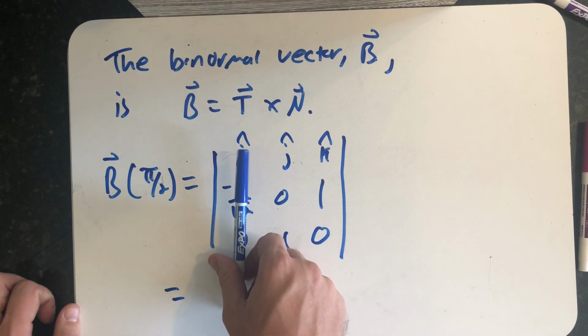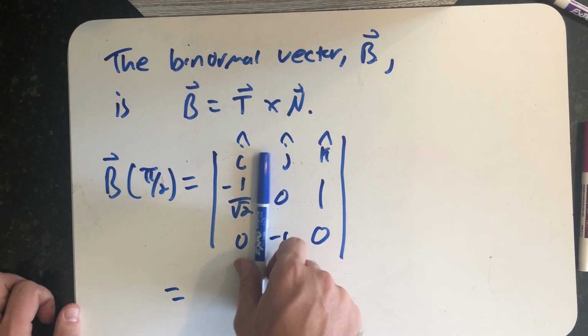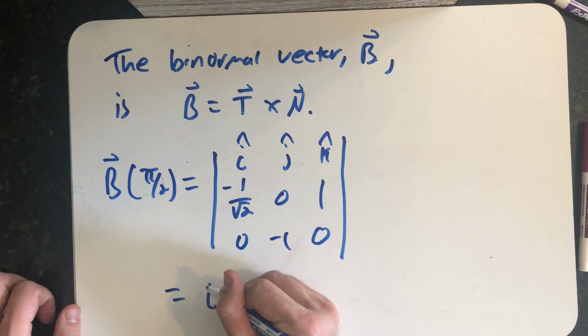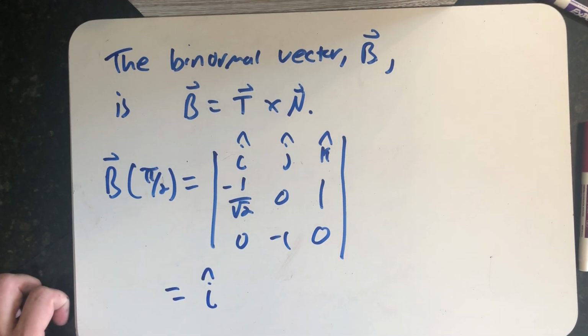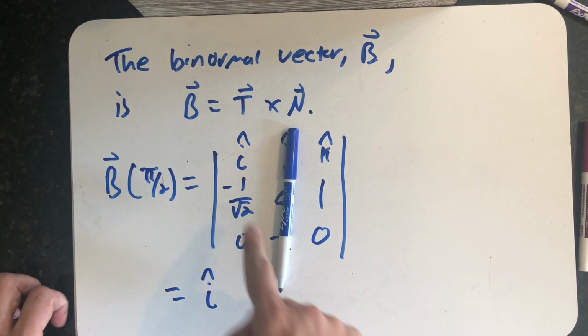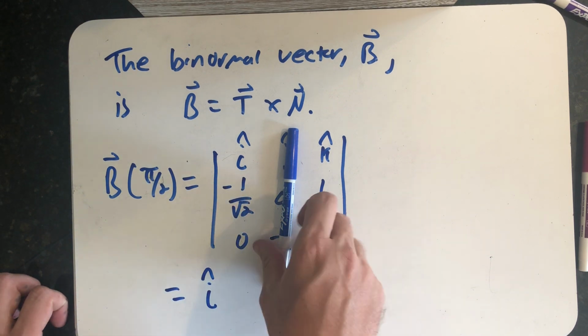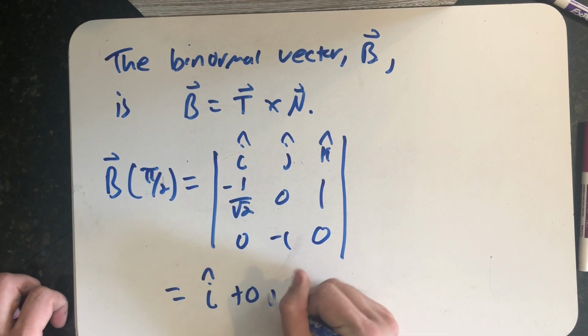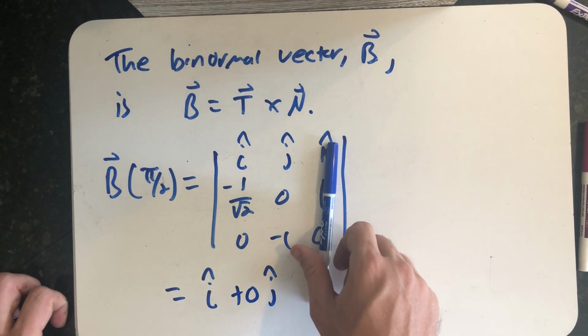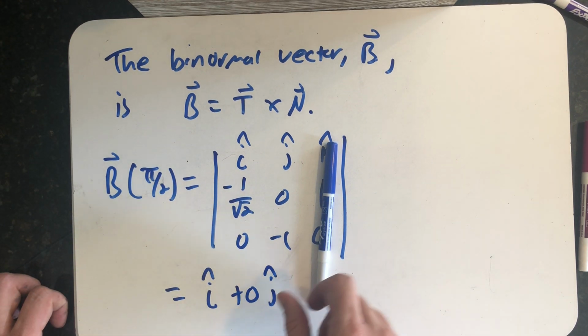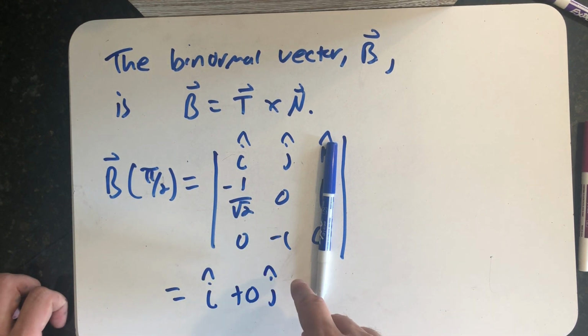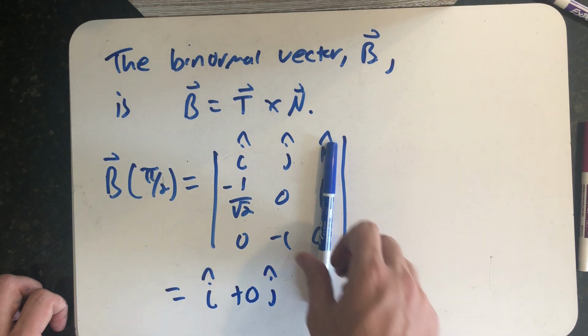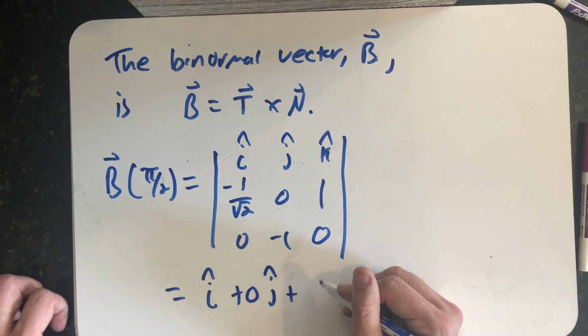All right, so the i component, well, 0 minus a minus 1, that's going to be i. The j component, 0 and 0. And then the k component, I get plus 1 over root 2 k.